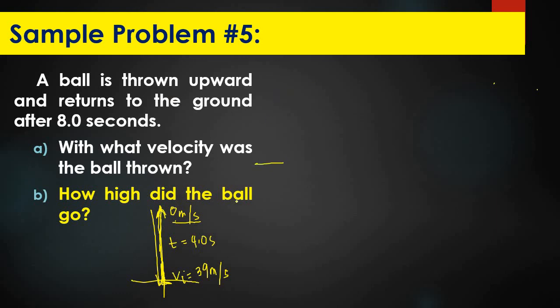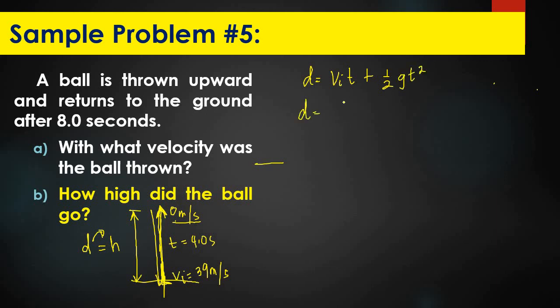So, ang tinatanong dito, gaano kataas yung naabot nung bola. Ang concern mo lang ay yung from the point of origin upwards. Your height there can be computed by looking for displacement. Use the formula D is equal to VI T plus 1 half GT squared.